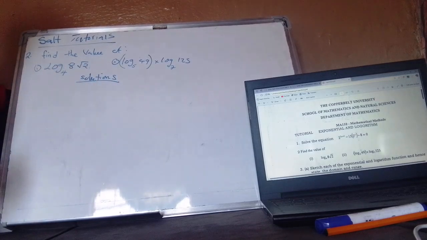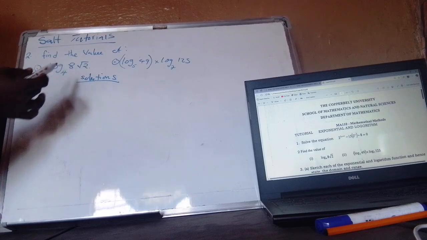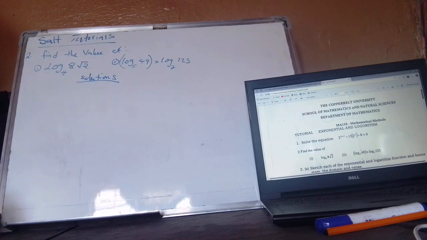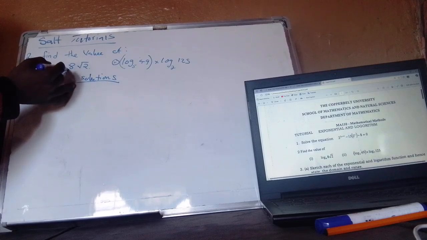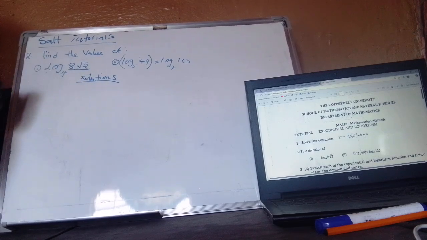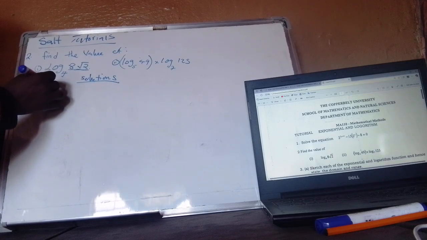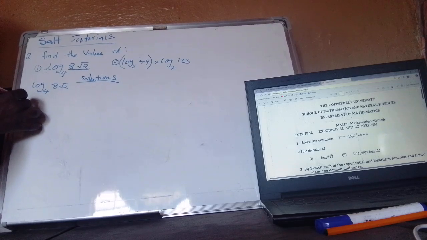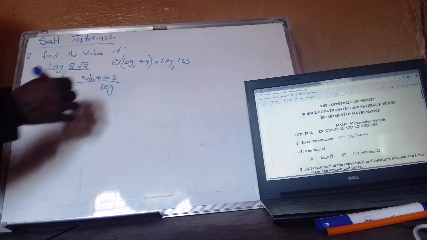So what do I have here? I have log base 4 of 8 multiplied by the root of 2. So here we just have to apply the properties. I'm seeing that the base here is 4 and the input here is a multiplication of two values. So for me to simplify log base 4 of 8 root 2, this can be broken down according to the multiplication principle which we talked about in previous videos.